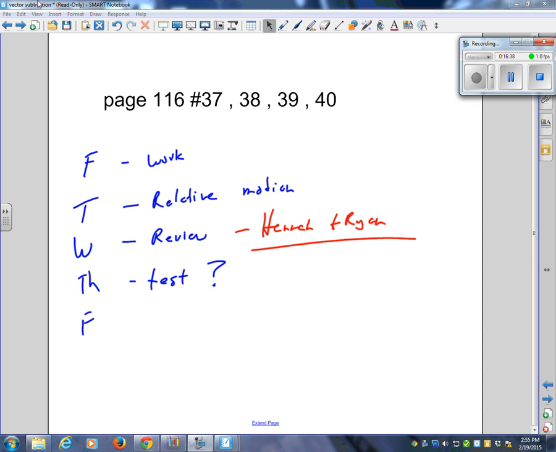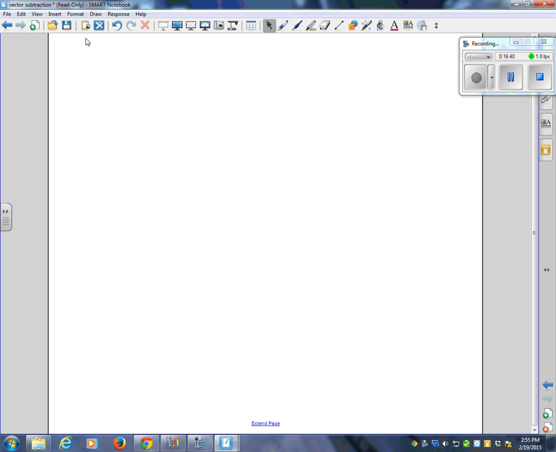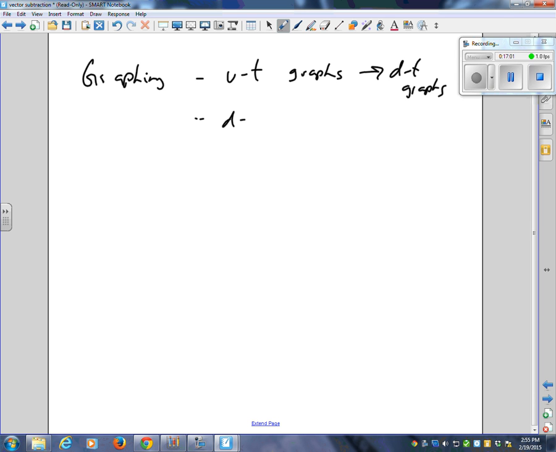Let's just briefly talk about what's going to be on that test. Basically, there's 3 parts. There's graphing, which basically boils down to VT graphs to DT graphs, and vice versa.